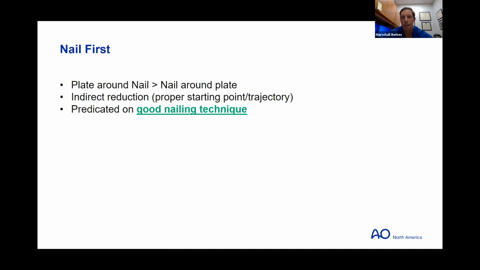And if you get pretty decent with your starting point, your trajectory, and achieving alignment with the intramedullary device, you can get a really great indirect reduction. So I think the nail-first option is really predicated on a good nailing technique.